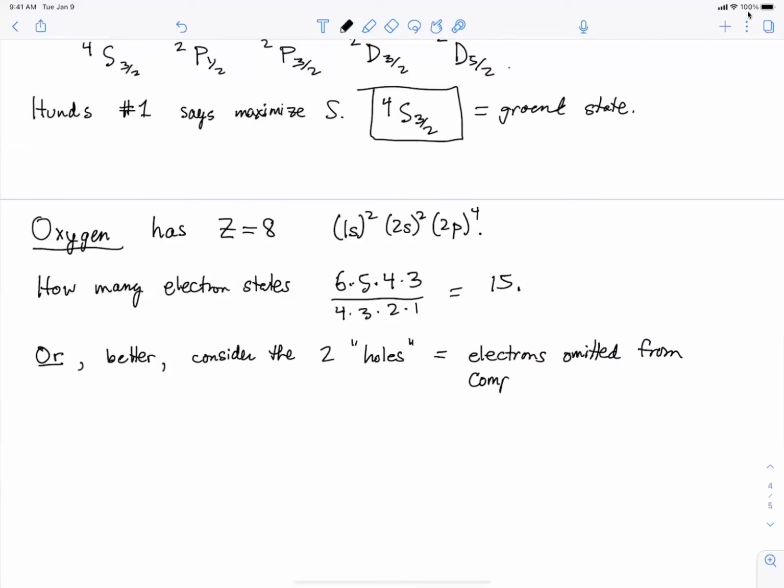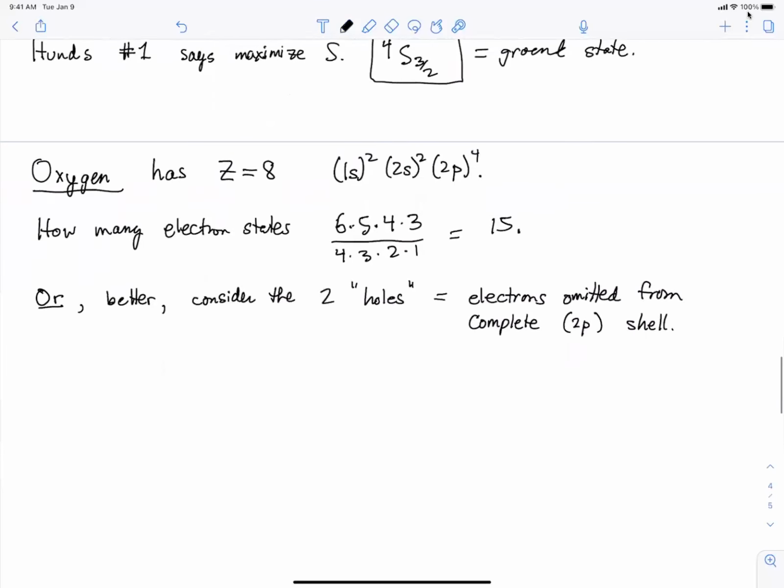The reason we can think of it that way is we know if we did have a complete 2p shell, then all the electron angular momenta would pair up and be opposite, and there would be no angular momentum at all.